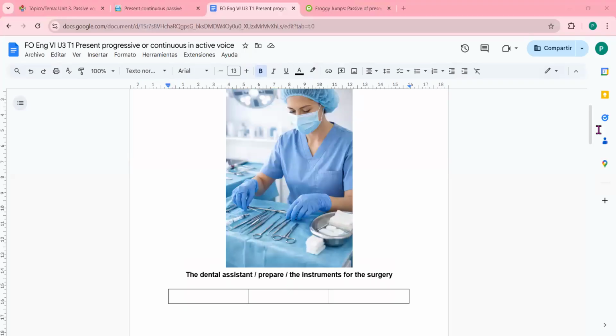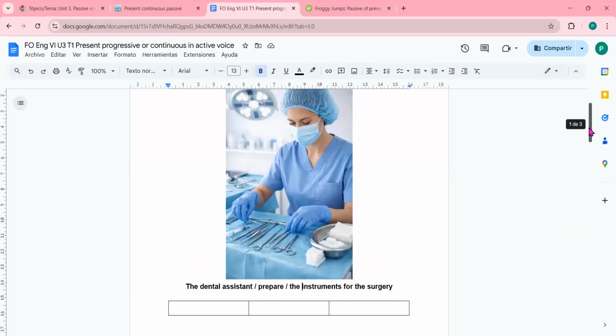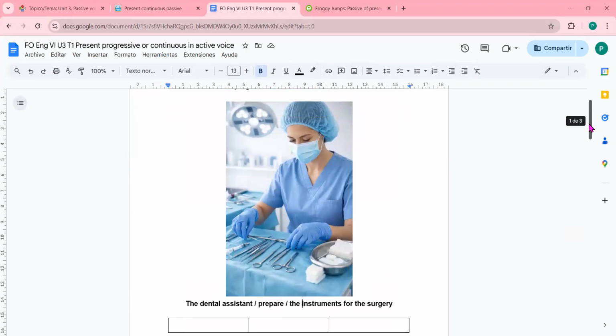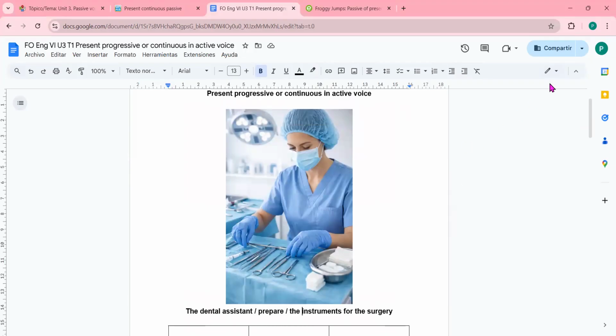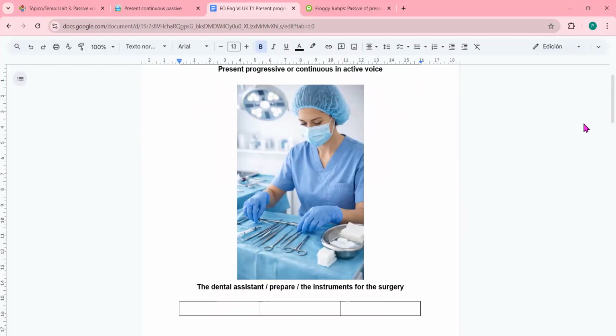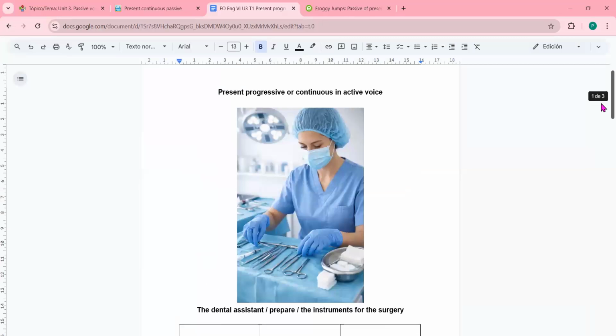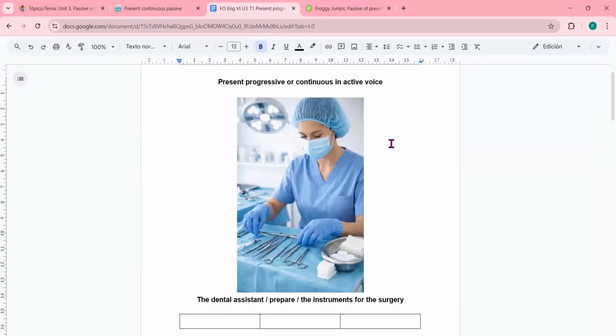In the first image, my dear students, we see a person. Activities in progress. The dental student.